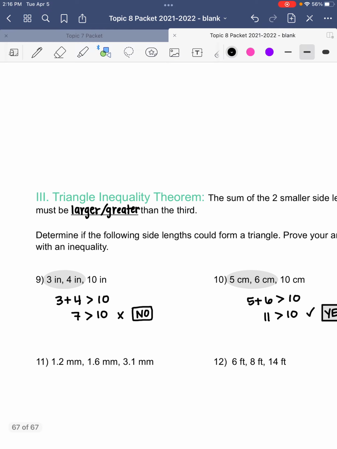Okay, let's look at number 11. So even with decimals, this triangle inequality theorem works the same way. I need to identify my two smaller side lengths here. The two smaller side lengths are 1.2 millimeters and 1.6 millimeters. So what do I do with those two smaller ones? Add them together. So 1.2 plus 1.6, and I set it as greater than the third side length, 3.1.